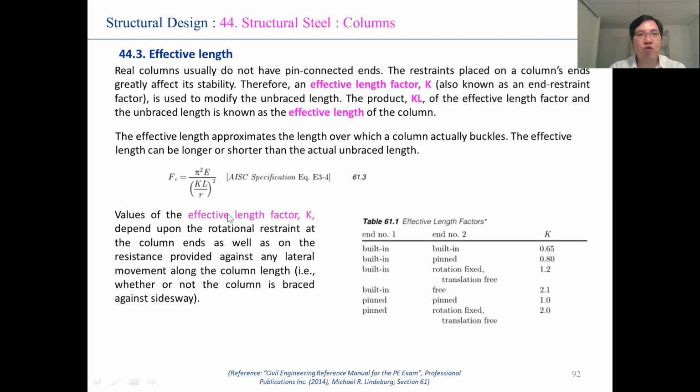In this slide, I show you theory about the effective length. The effective length approximates the length over which a column actually buckles. The effective length can be longer or shorter than the actual unbraced length.